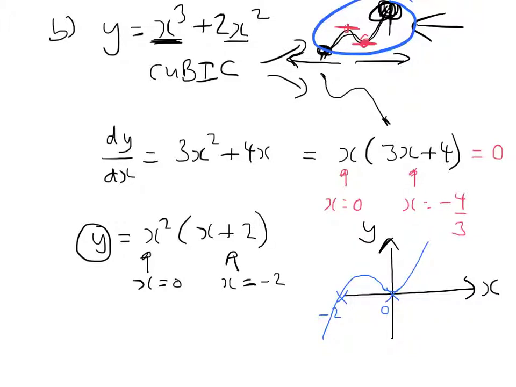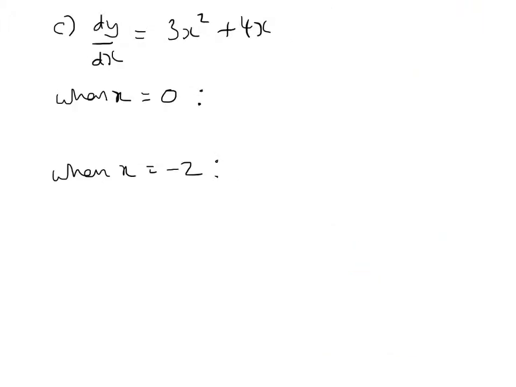For part C of the question, we're asked to find the gradient of the curve at each point where it meets the x-axis. We've already established that it meets the x-axis here and here, so we just need to substitute those values for x into the differential equation to find out what the gradient will be at each of those points.